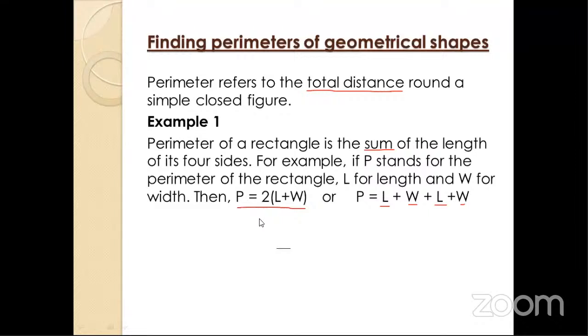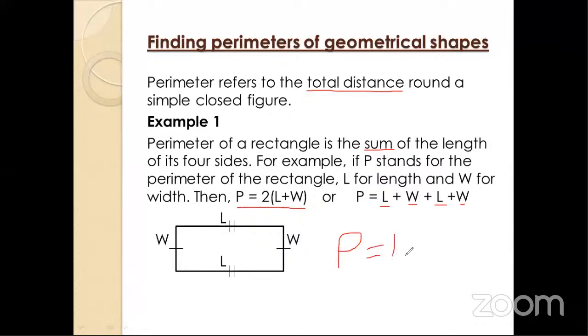So let's look at this figure that they are talking about. Yes, this is a rectangle. You can see that length is represented with the letter L, and width is represented with the letter W. When I need its perimeter, I will say P, which stands for perimeter.